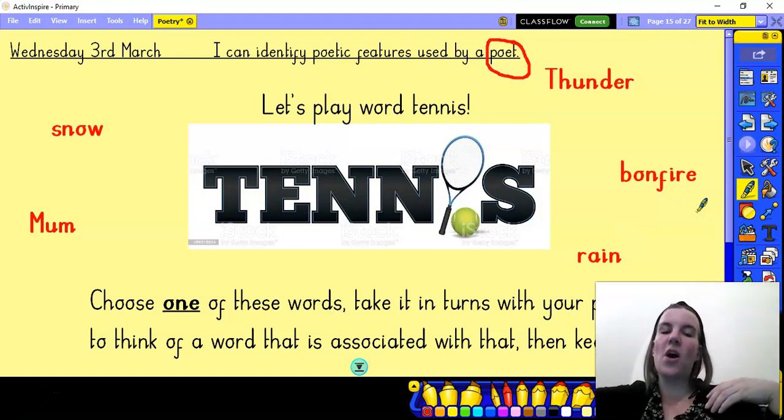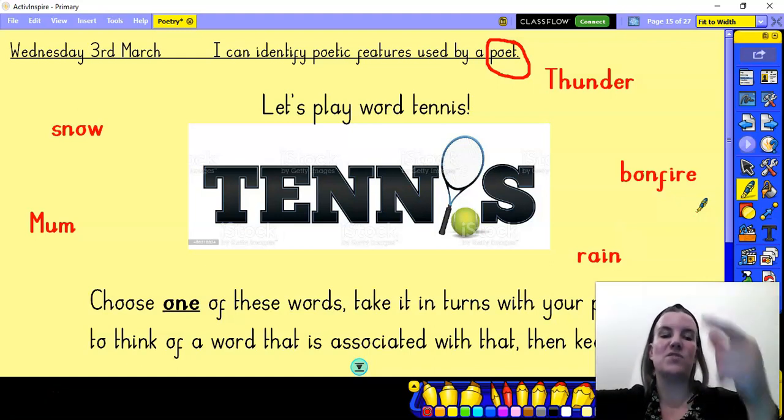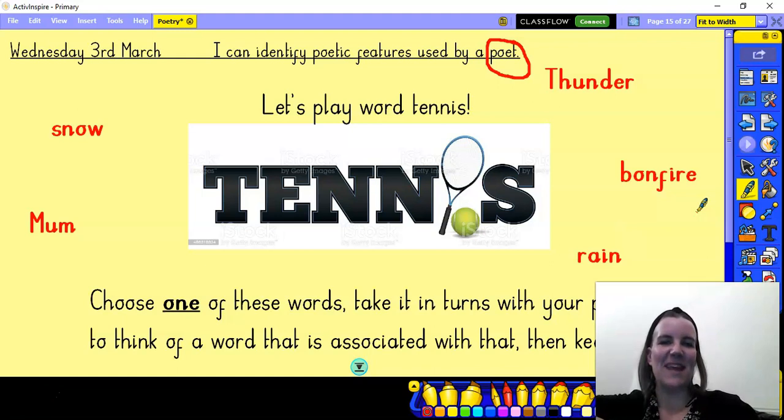Okay, so I want you to have a go at playing word tennis, and that game can be as long or as short as you want it to be. But the idea will be that you are going to come up with words associated with the last word that your partner has said. You could even play more than one game and choose one or more of these words. Have fun, pause the video now, I'll see you in a minute.